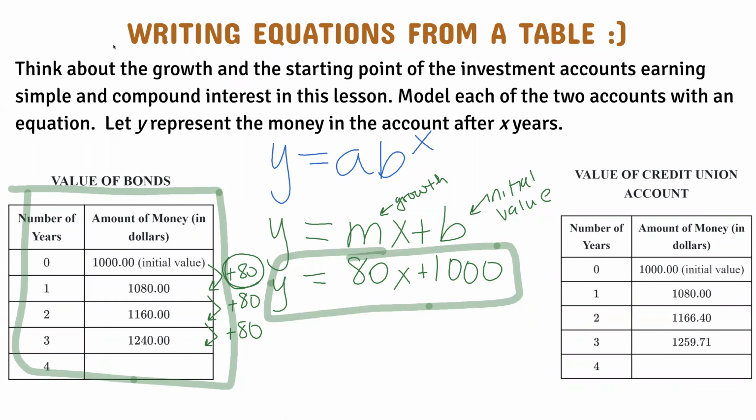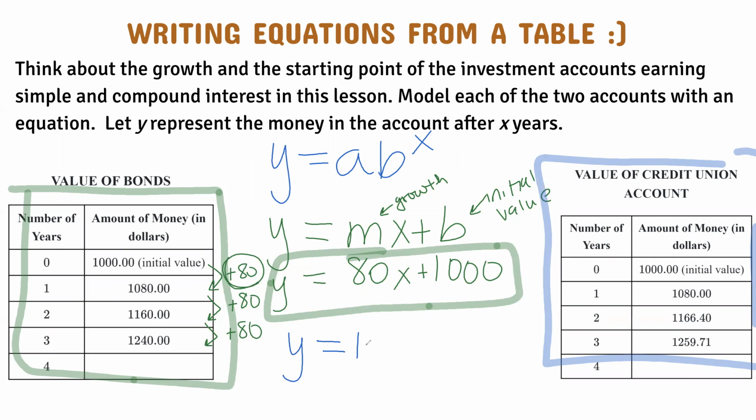Okay, now we can look at the credit union where it's compounded, and that's where we use the exponential equation. So again, what do I start with? I've got my $1,000, so that goes in for A. What am I doing to it each time? What am I multiplying it by?